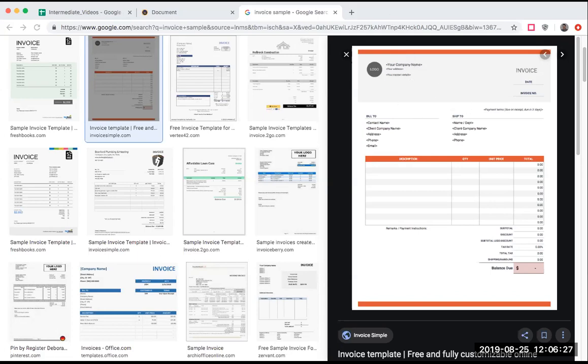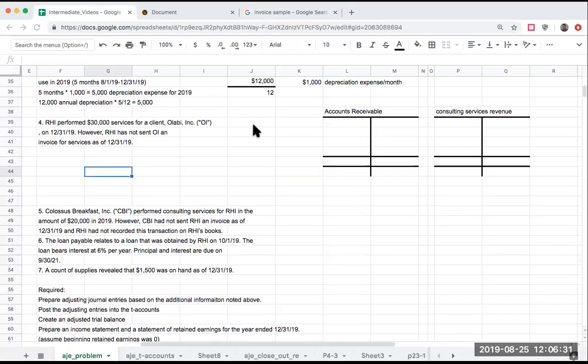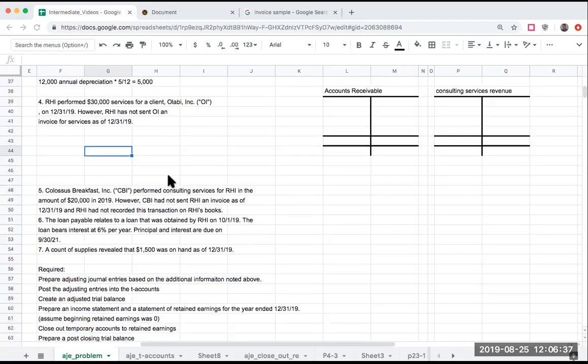So when it comes to recording revenue, it doesn't really matter if I have not sent out an invoice. What does matter is whether I have actually performed the services. If I've performed the services under the contract, then I am owed payment. So it doesn't matter in terms of recording revenue whether or not I've billed the client.